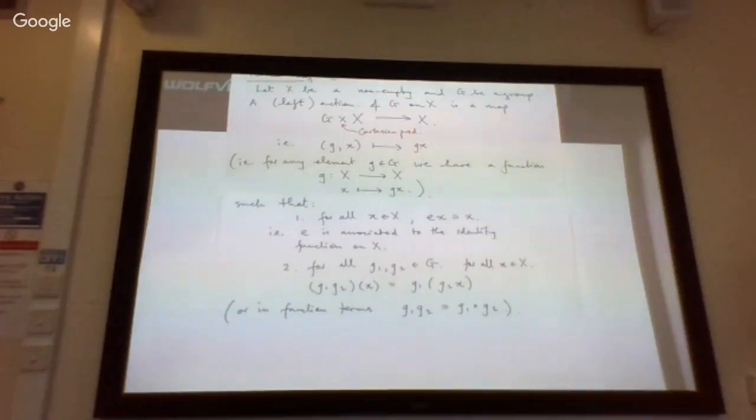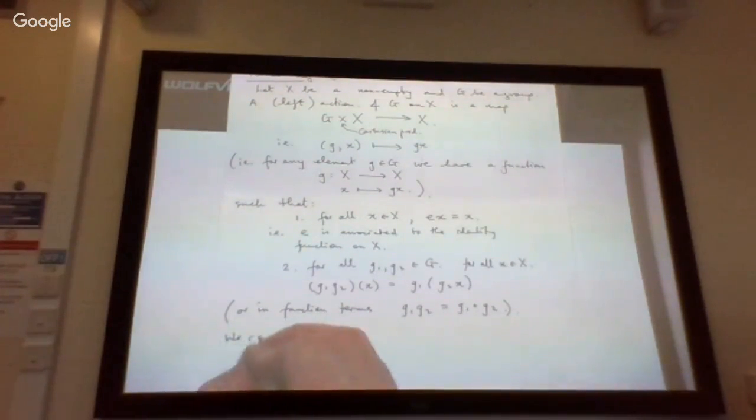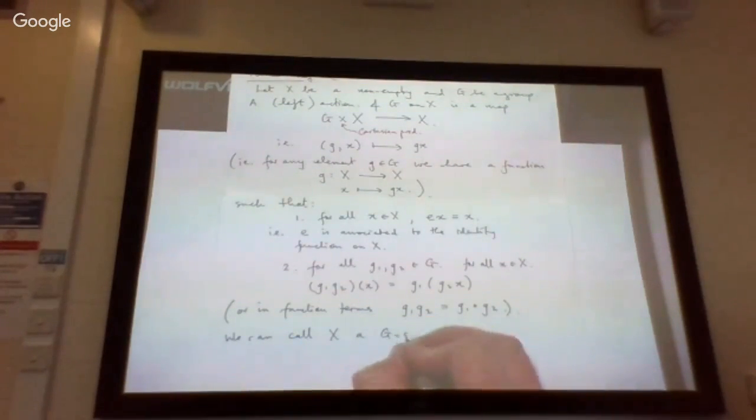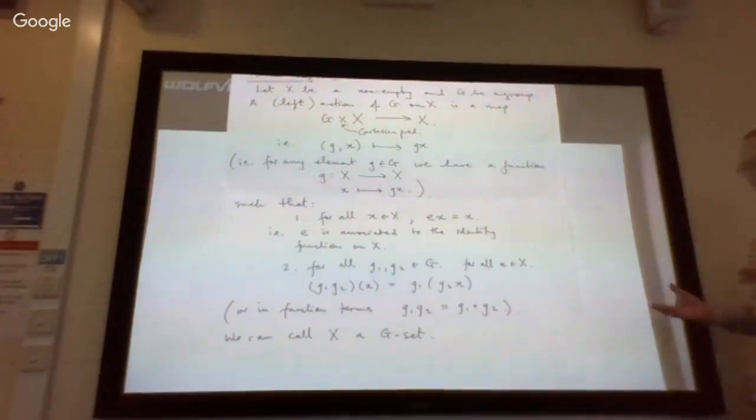So that's our definition of a group action. So you see underneath that definition 14.1, you say, okay, in this case, you can call X a G set. I mean, that's just terminology. So X is a set.